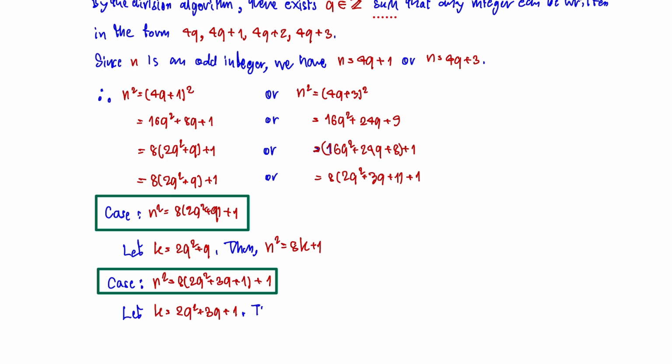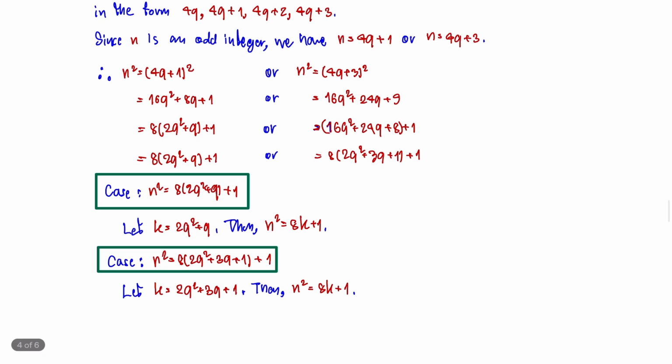Then n squared equals 8 times the integer k plus 1, so it turns out to be 8k plus 1.